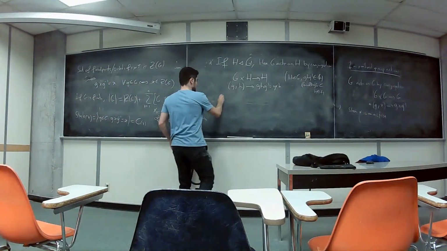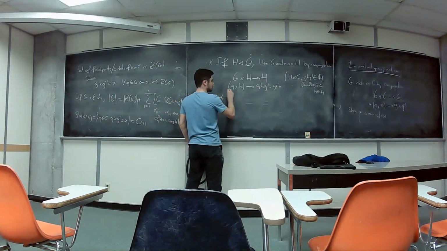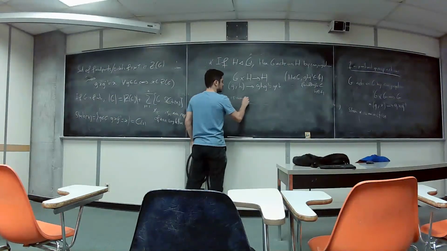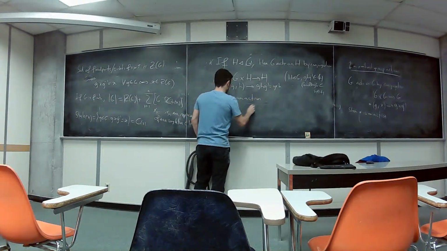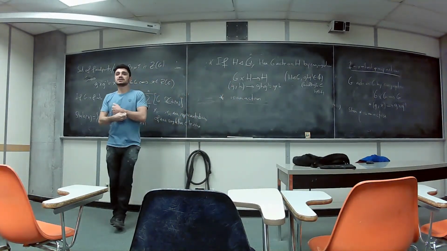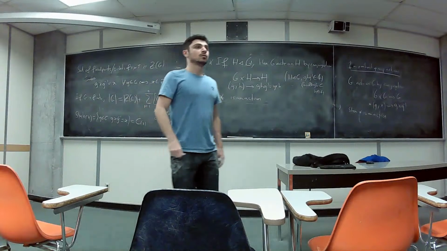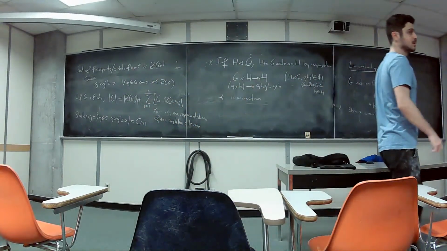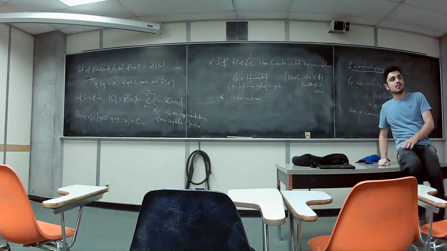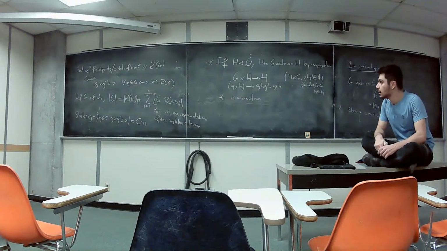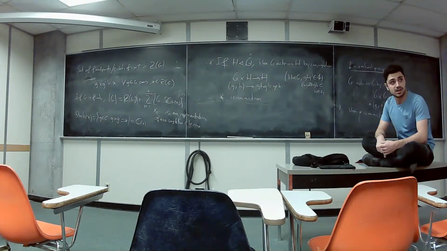Sorry, I'll just finish this one. Star is an action. And what is the set of fixed points in that case? It must be a subset of H, yes. But what is the set of fixed points? You've done this question on the homework. I'm pretty sure you've done that.